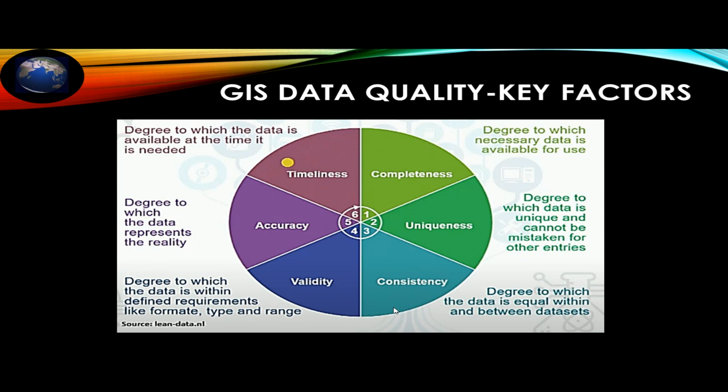And uniqueness, the degree to which the data is unique and cannot be mistaken for other entries. Means, as I told, see, I have a thematic layer of land use, land cover, and I am demarcating urban land use feature, water region, and the agriculture region, or urban land, or road network. So I am giving the numbering of 1 2 3 4.